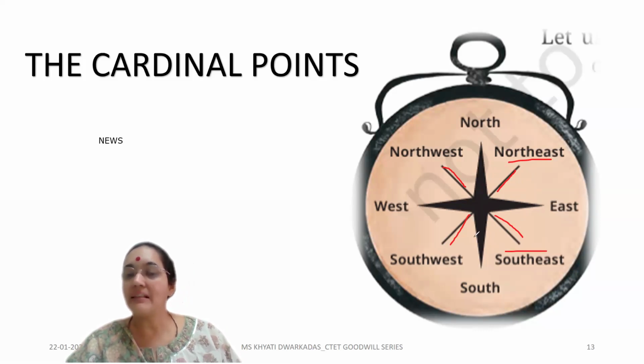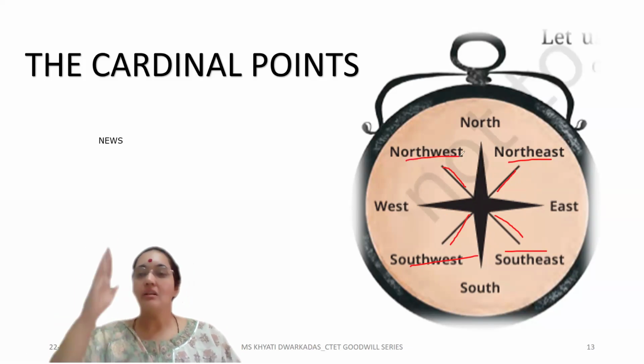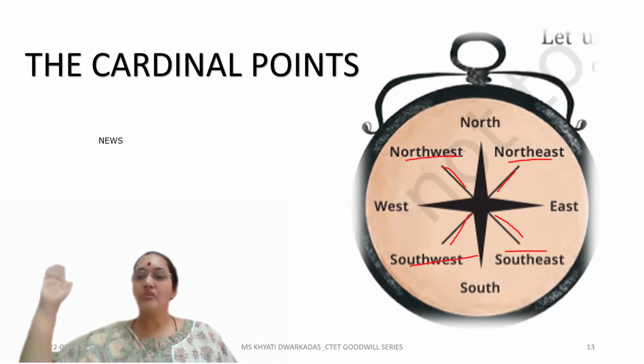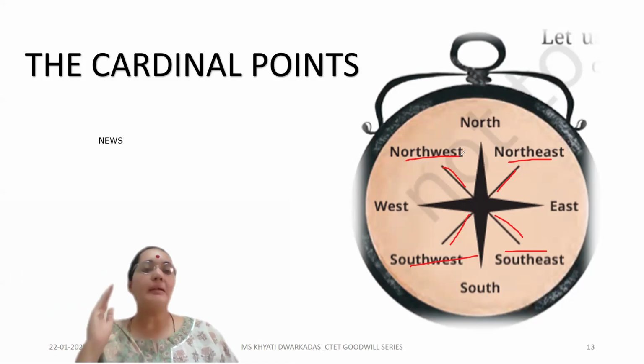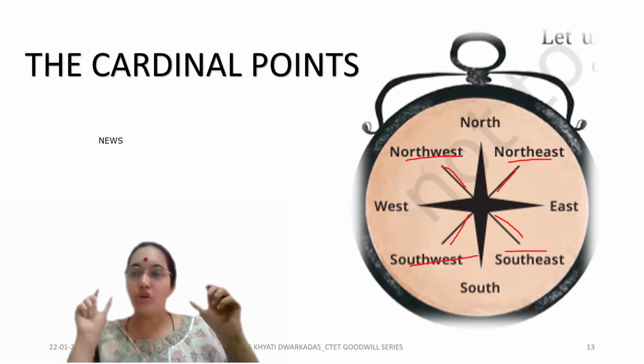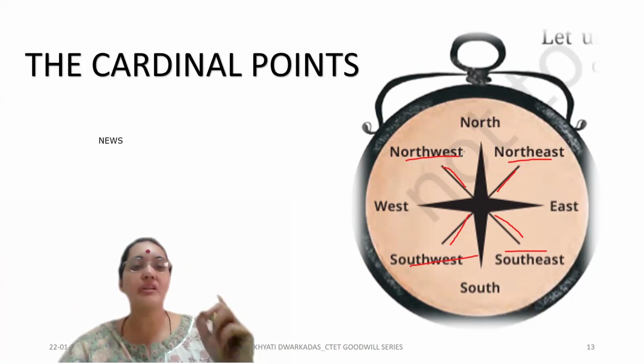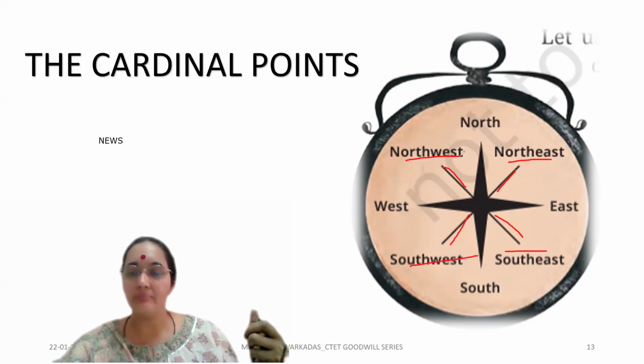The one between south and west is called southwest. And between north and west, you have northwest. So we have 4 directions: north, south, to the right will be east, to the left will be west. Short form to remember them: news, north, east, west, south.